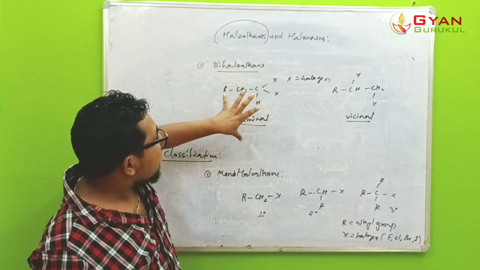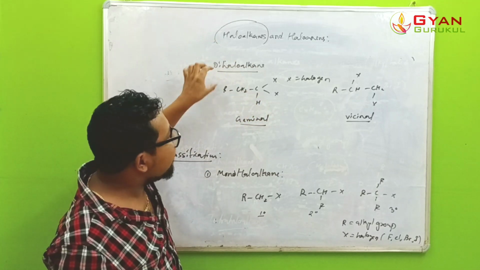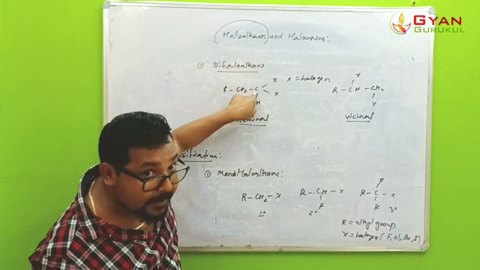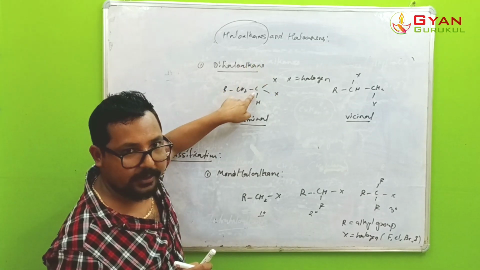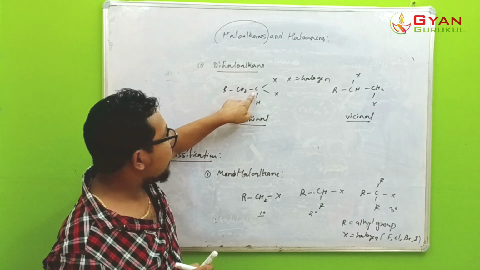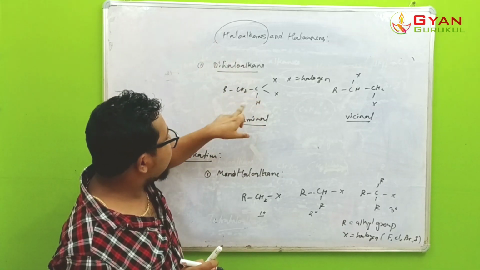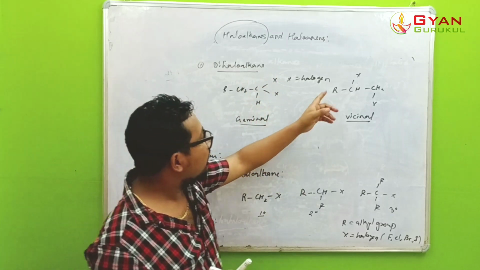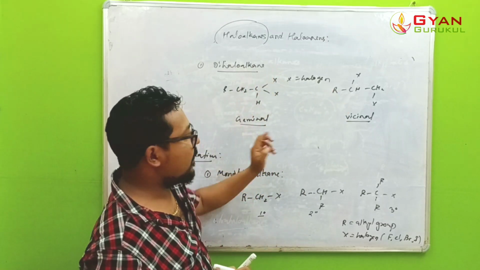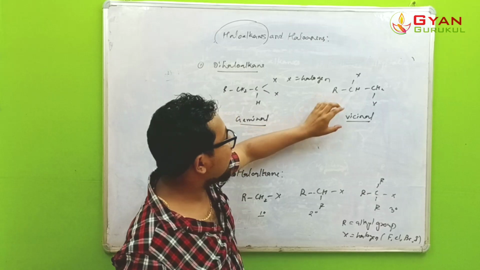In an alkyl halide, if two halogens are bonded with the same carbon atom, it is called geminal alkyl halide, but both halogens should be the same.